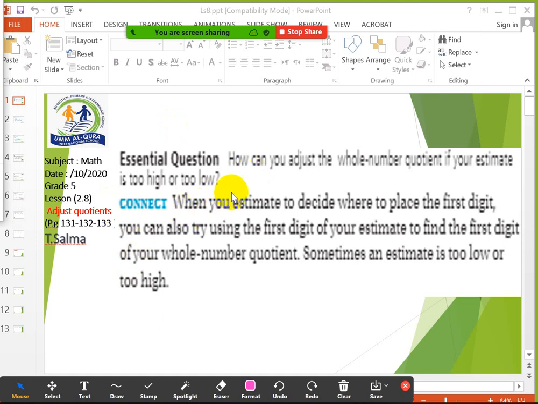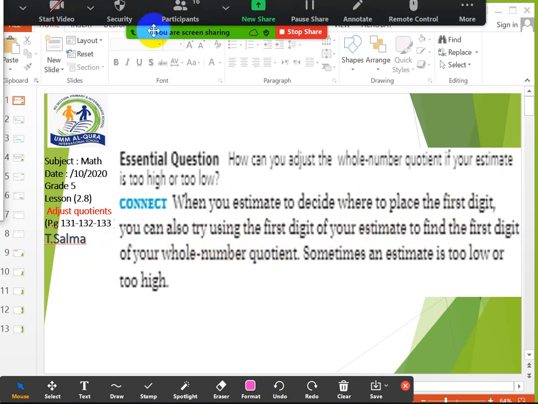First thing, you have this sentence. I want you to read it with me. When you estimate to decide where to place the first digit. When I estimate to decide, estimation is the way to know the first digit in the quotient. You can also try using the first digit of your estimate to find the first digit of your whole number quotient.